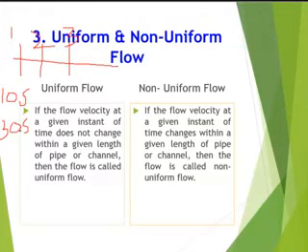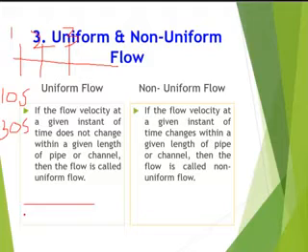Then we measure the reading after, let's say, 30 seconds, and the flow velocity is the same at all these points, point 1, 2 and 3, then it is a uniform flow. The reading may be different at these two times. So it is irrespective of the time, it depends upon the distance. So within a given length at a particular instant, if the velocity remains constant, then it is a uniform flow, otherwise it is a non-uniform flow.